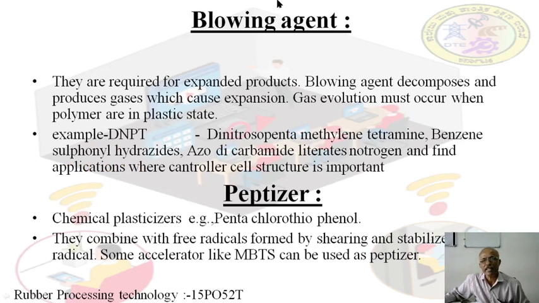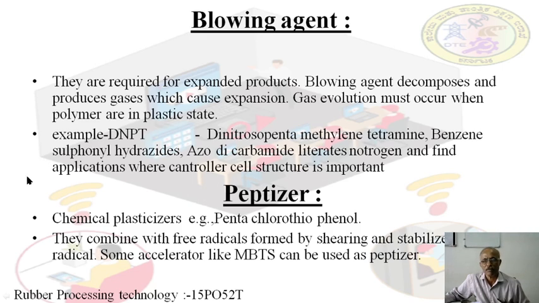Next, blowing agent. So here, blowing agent means gas releasing agents. Most of all, bicarbonates, ammonium bicarbonate and sodium bicarbonate, are gas producing agents. They are required for expanded products. Blowing agent decomposes and produces gases which cause expansion. Gas evolution must occur when polymers are in the plastic state.